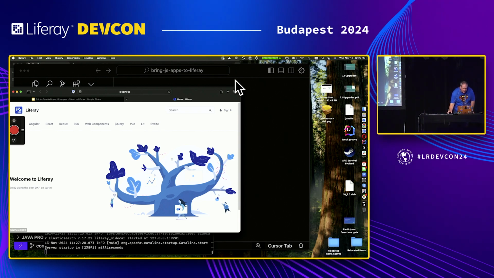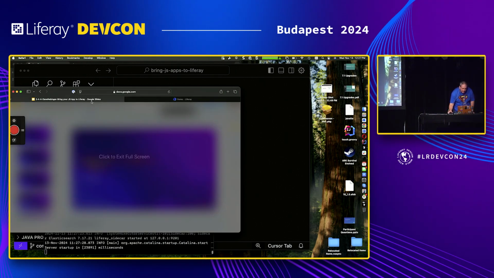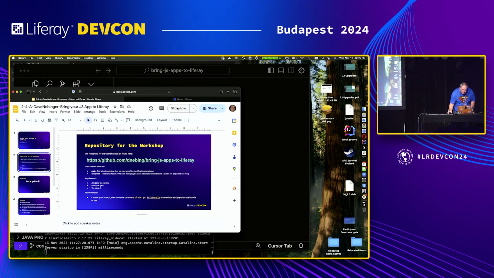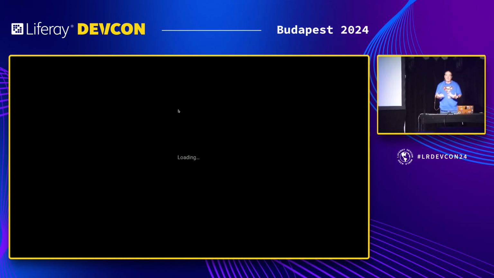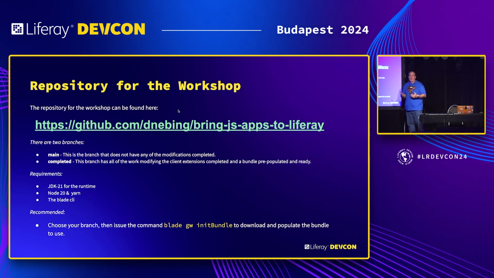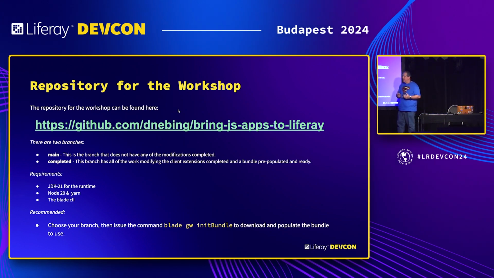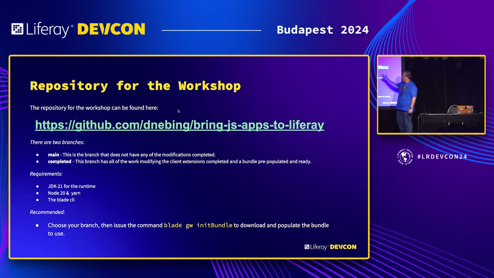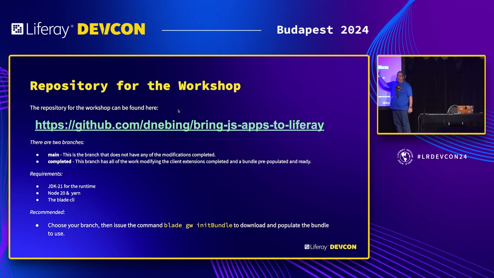We don't expect them to know anything about Liferay, but we want to have those applications that they build for us, and then we want to deploy them to Liferay independently of each other.